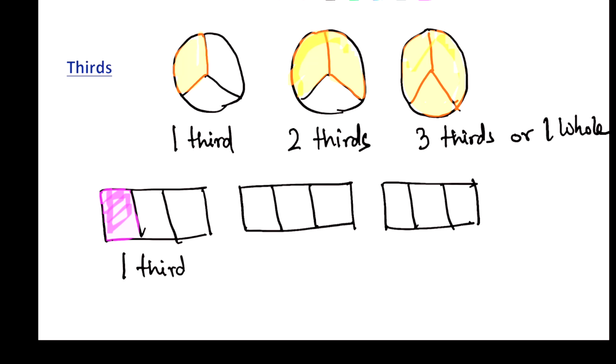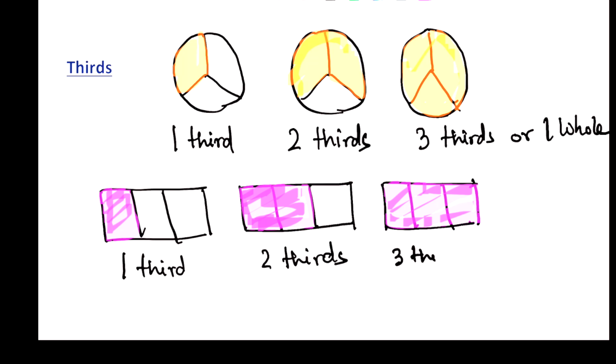Second rectangle, I am going to shade two parts. Then I can say I shade 2/3. Third rectangle, I am shading all three parts. I can say I shaded 3/3 or one whole.